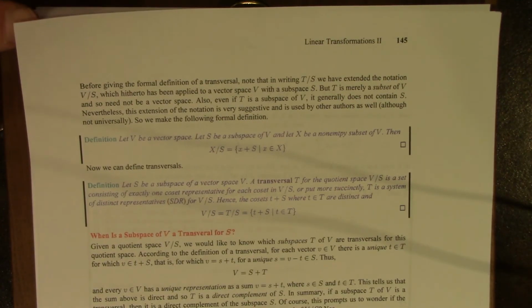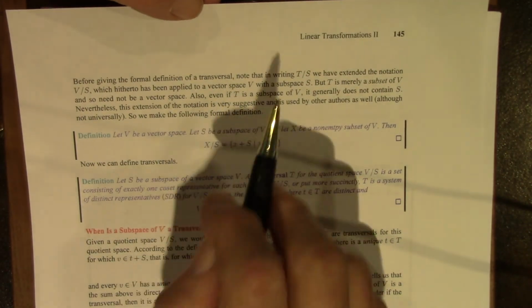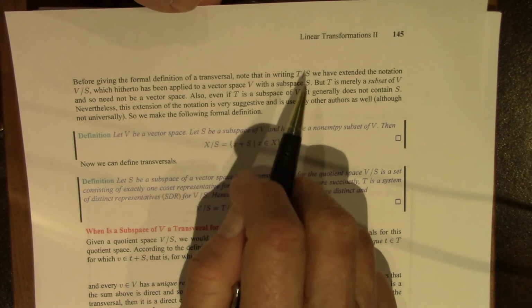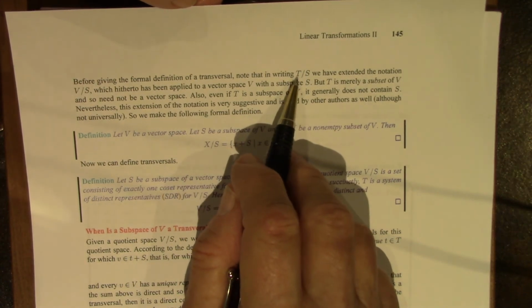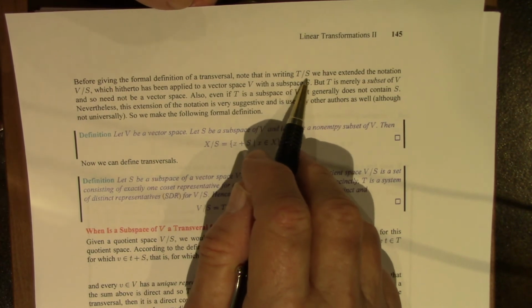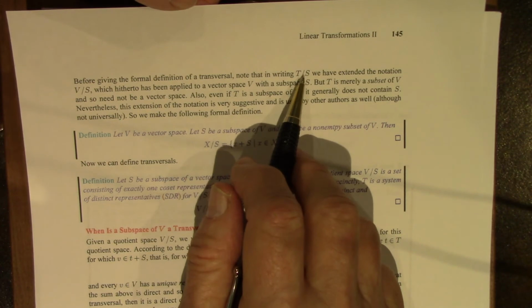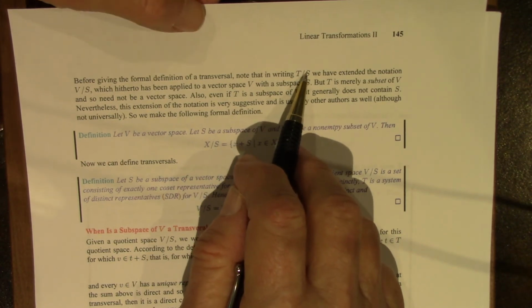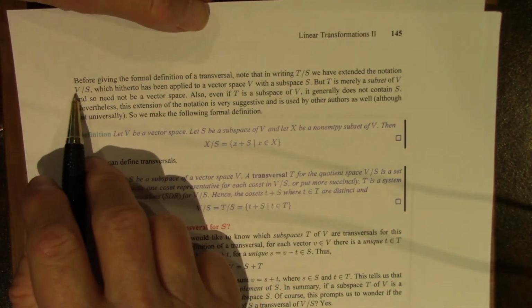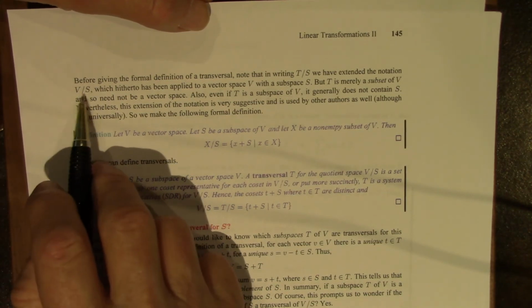Before I give you a formal definition of transversal, though, there is one point that needs to be addressed. When we write T mod S and read this T mod S, we've extended the notation and the terminology. Hitherto, we referred to V mod S and called it a quotient space.